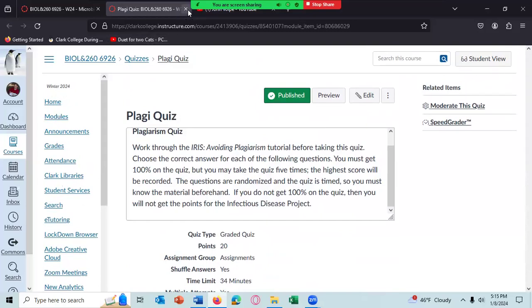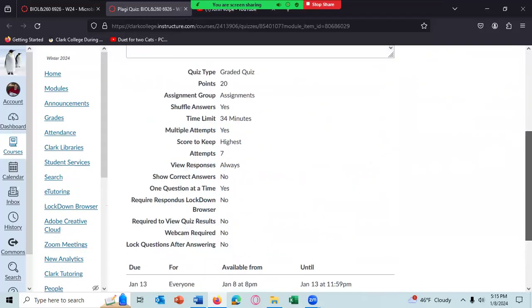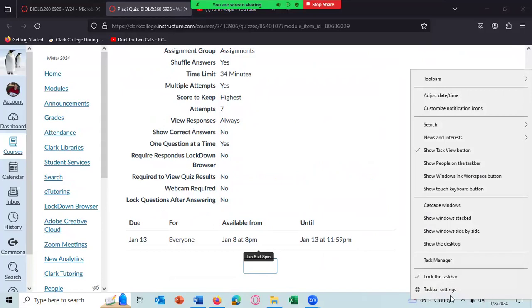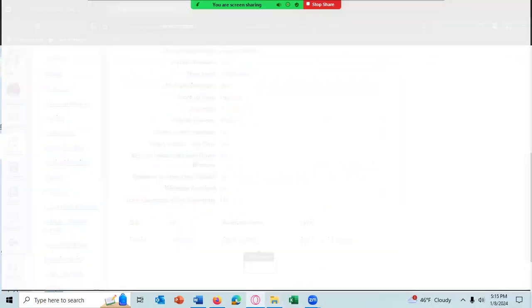I think that's all I need to talk about this. So this has to be taken by, I think, this Saturday. Can somebody confirm July 13th? Is that this Saturday? I don't know if this will work. There's another way I can go in.